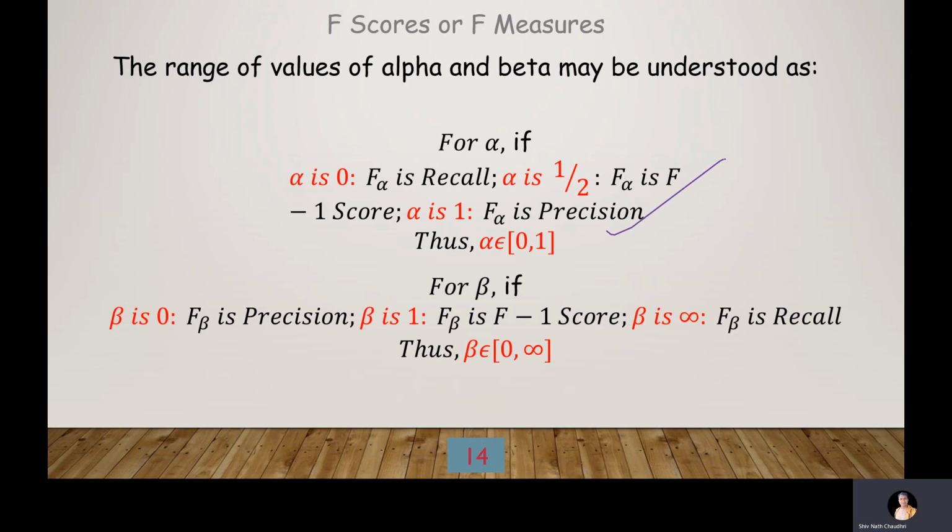Similarly, F beta converts into precision, F1 score and recall for the beta values 0, 1 and infinity. Hence, the range of alpha and beta will be 0 to 1 and 0 to infinity.